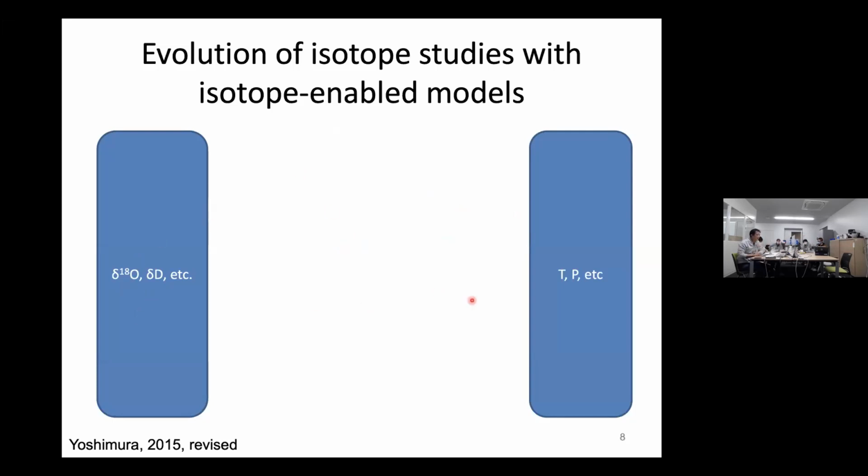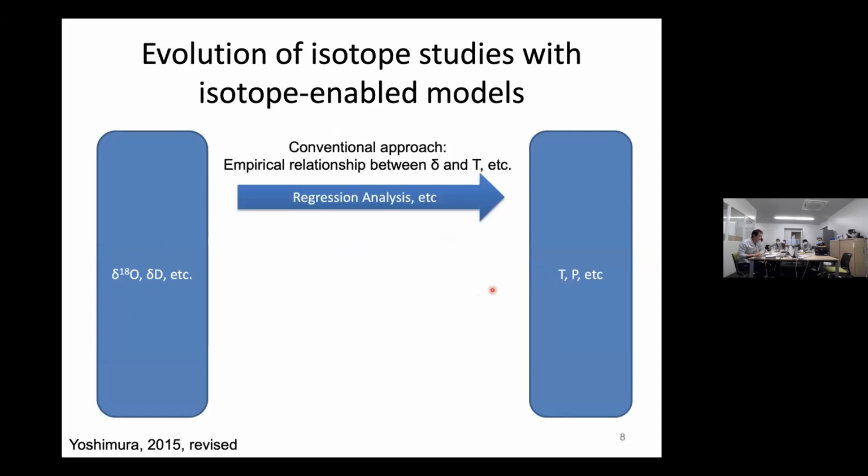On the right-hand side, we have temperature, precipitation, or something we want to know. Conventionally, we make some sort of empirical relationship between isotopes and temperature, precipitation, climate information, or weather information. So a kind of simple regression analysis is made.